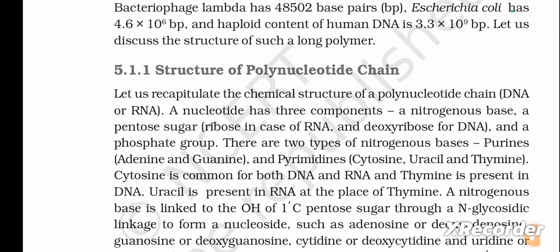There are two types of nitrogenous bases: purines, that is adenine and guanine, and pyrimidines, those are cytosine, uracil and thymine. Cytosine is common for both DNA and RNA, and thymine is present in DNA. Uracil is present in RNA at the place of thymine.